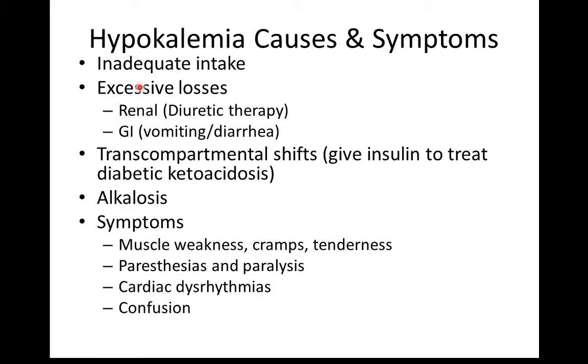Another common cause of hypokalemia is vomiting and diarrhea. We can also have the potassium shifts like we talked about on the prior slide, where intracellular potassium shifts out into the extracellular space in exchange for other ions.